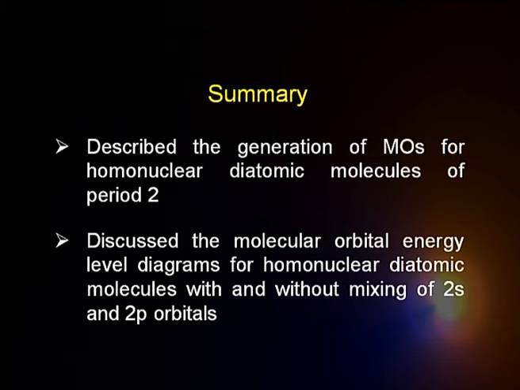And thereafter, we briefly touched upon what kind of molecular orbital electronic configurations are obtained when I fill electrons into these energy levels, and the success of molecular orbital theory lies in the fact that it is able to account for the experimental observation of oxygen being paramagnetic in nature.